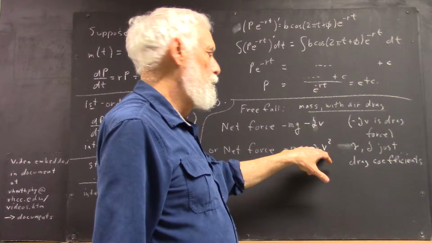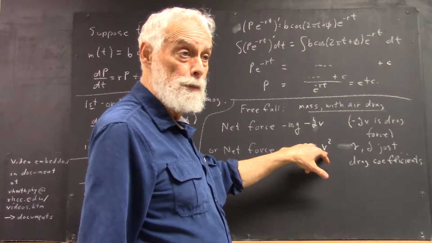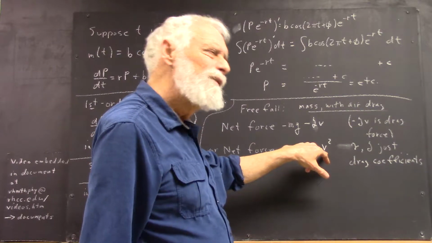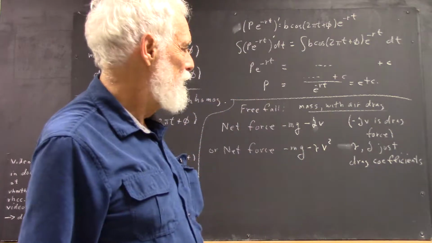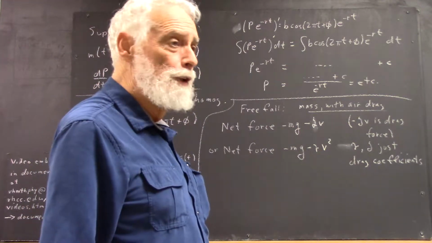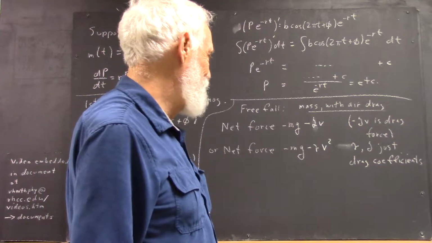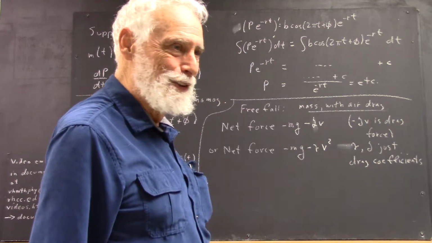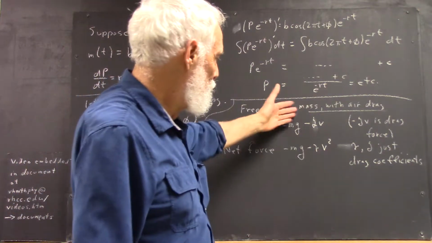And actually, you can even do it like a v cubed if you've got a lot of turbulence. Although, when you get to that point, you're really into the Navier-Stokes equations, and nobody can solve them. So, you're still stuck with doing approximations.